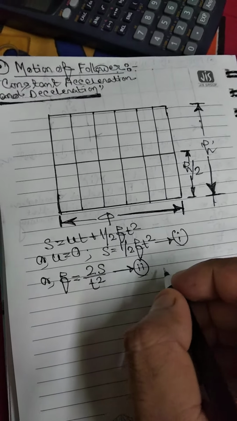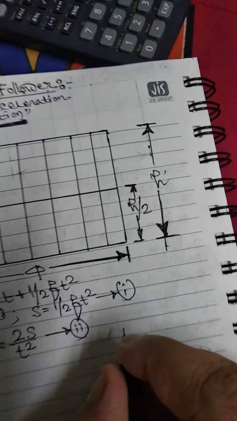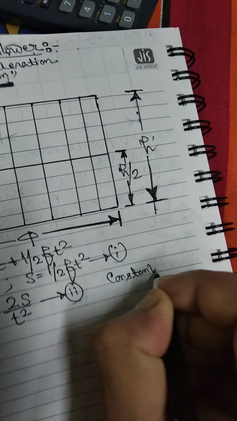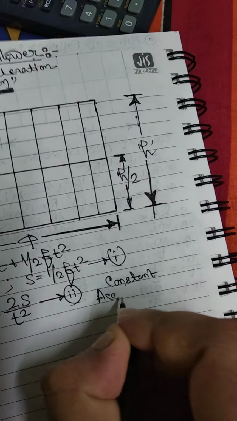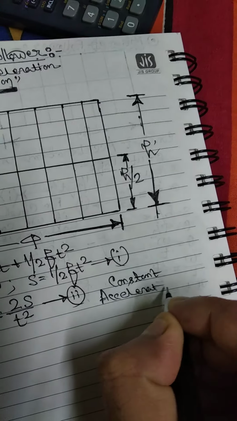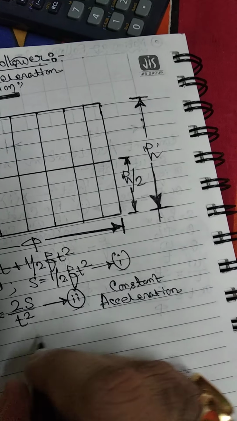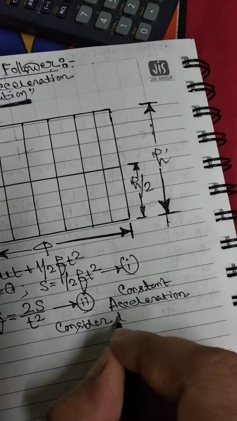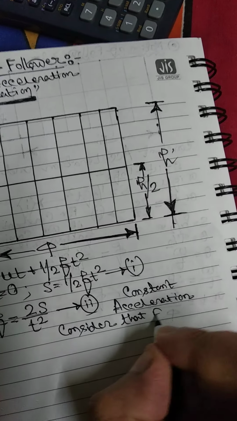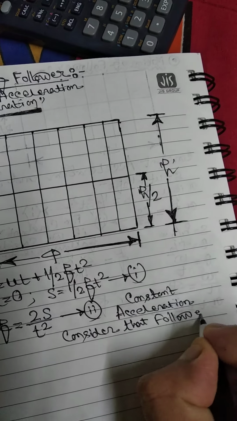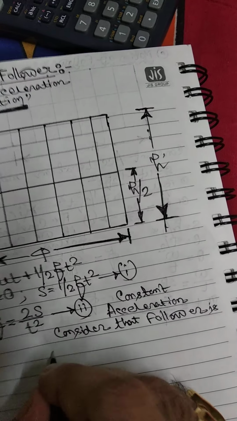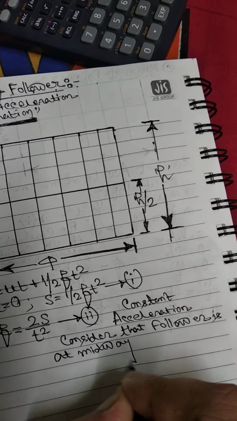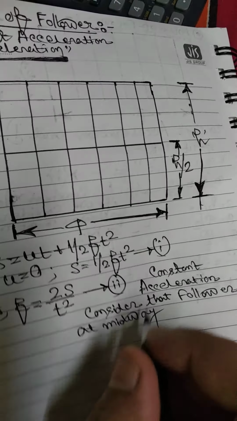Now for the constant acceleration, we consider that the follower is at midway.